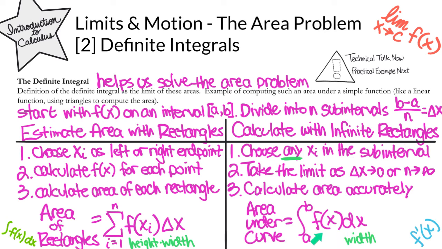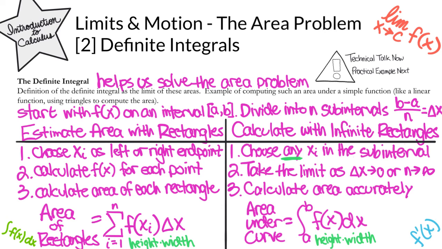And f of x is the height of each infinitely small rectangle. a is considered just the lower limit and b is the upper limit, but those are just the values that show up in the setup of all of this, that interval that we started with originally. Like I said, evaluating this integral requires more knowledge about the derivative as well as calculus in general, but we can evaluate the Riemann sum in the left column.